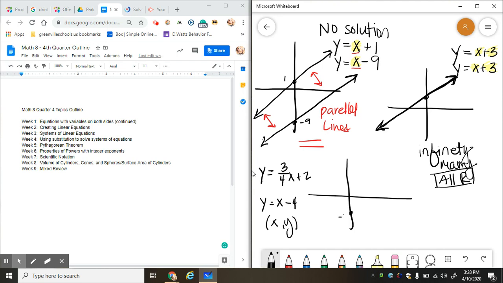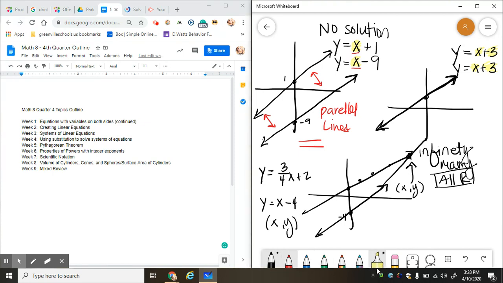So you have negative 4, just like that, and then you have positive 2, up 3 over 4, up 3 over 4, up 3 over 4, and they're going to eventually crisscross somewhere up here, and that is your solution at an xy spot.